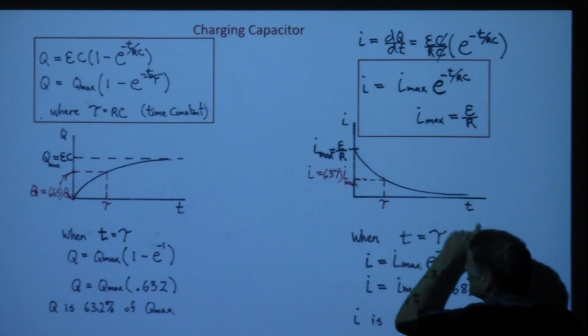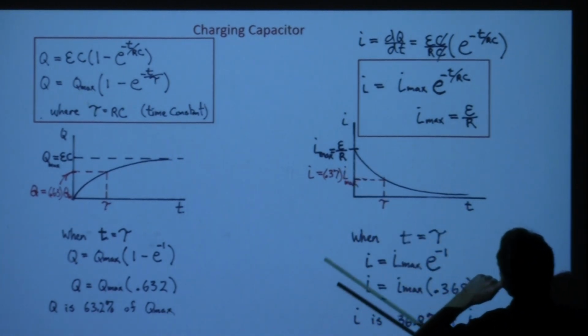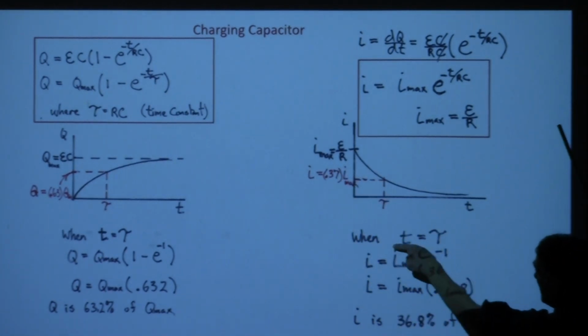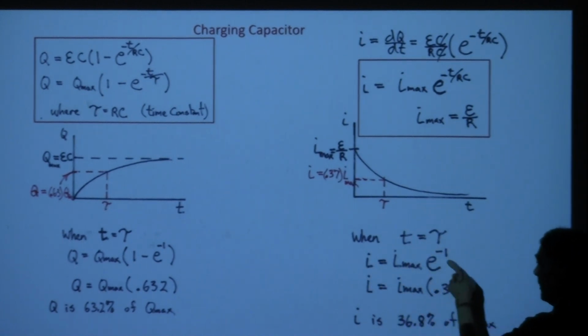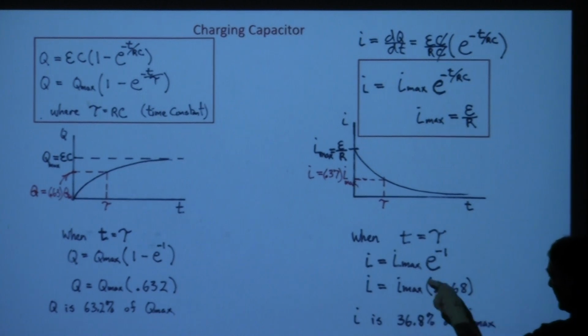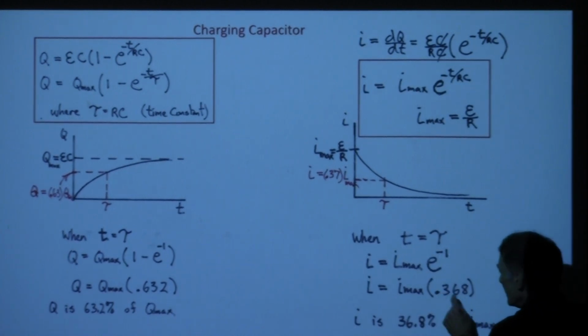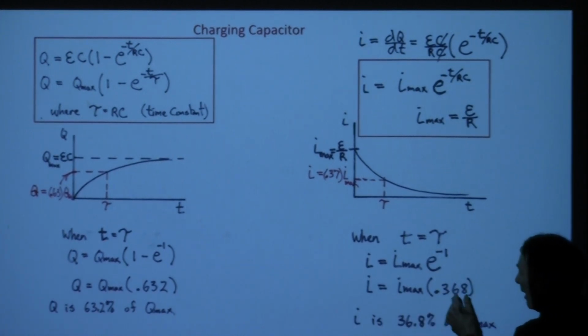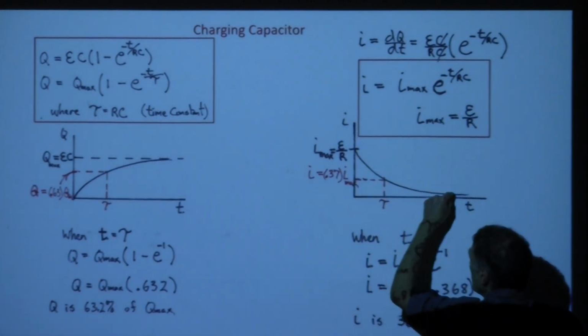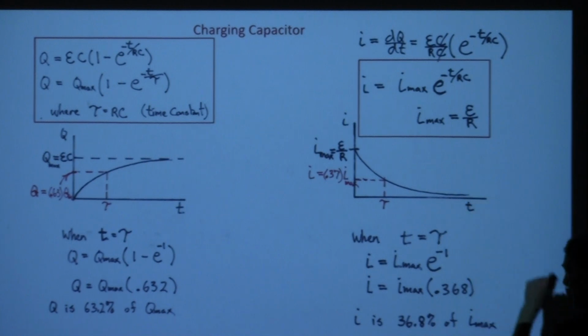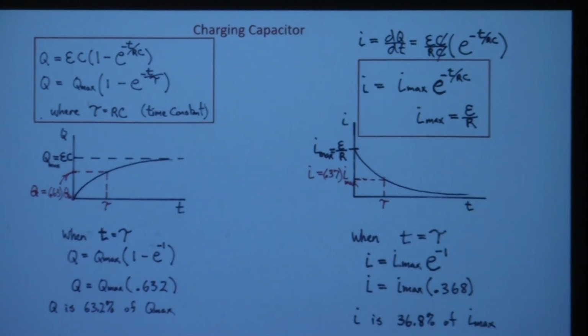It is going to decrease from there. We can play the same game with the time constant. When t is equal to tau, the current is I max times e to the minus 1. And that's going to be 0.368, or about 37% of the current. So it's going to decrease with time, asymptotically approaching the axis.